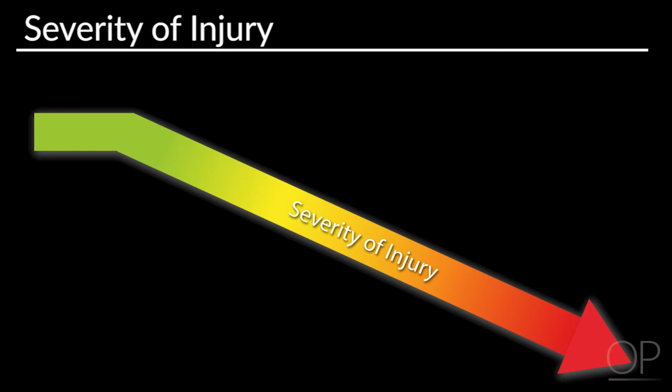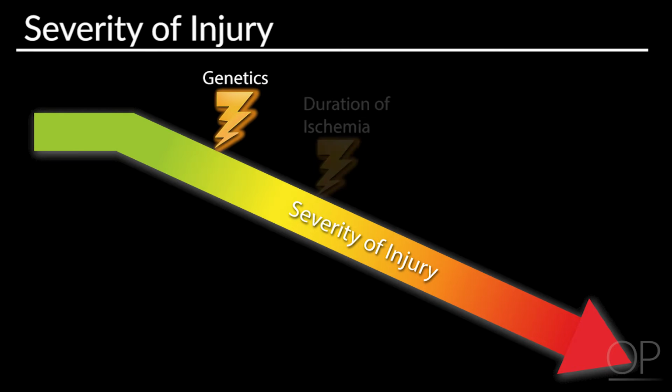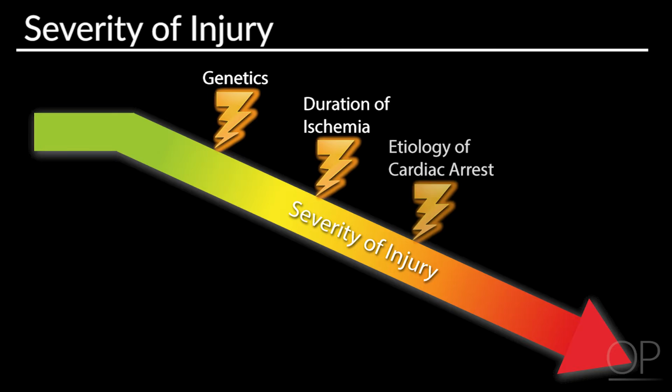Many of those factors are very difficult for us to control, and maybe some of which we can control. These factors include individual factors that are likely associated with an individual's predisposition to how they react to a hypoxic ischemic injury, the duration of the ischemic injury, as well as the cause of the cardiac arrest, whether it's primary cardiac or hypoxic ischemic.